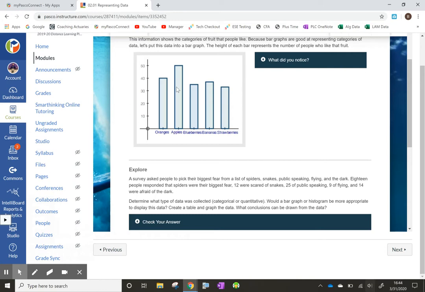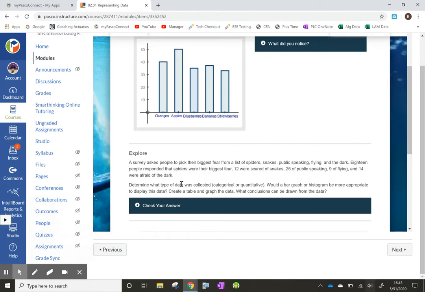They're based on quantitative data, ranges of values, like ages of people, heights of people, percentages, whatever it is. Bar graphs will be used for categorical data, stuff that can be thrown into categories, and a histogram will be used for quantitative data that's more numerical.